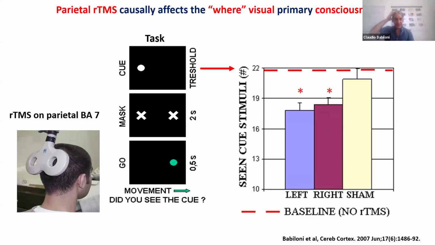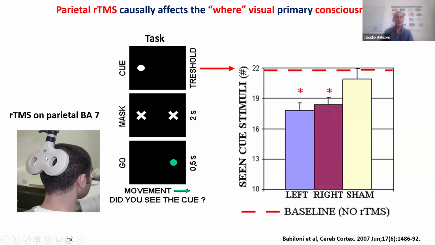So it's a fake magnetic stimulation, not a true effective magnetic field, but just the sound, to test the placebo effect.